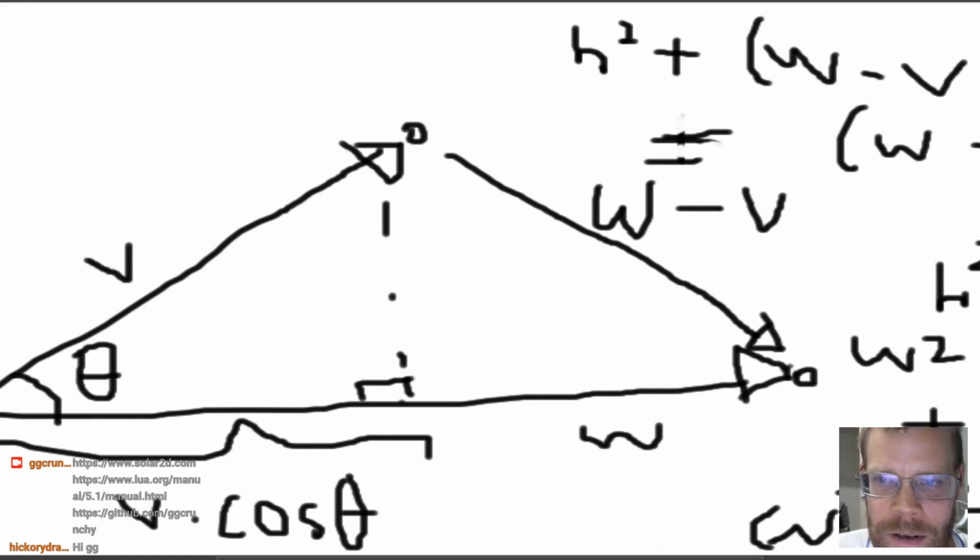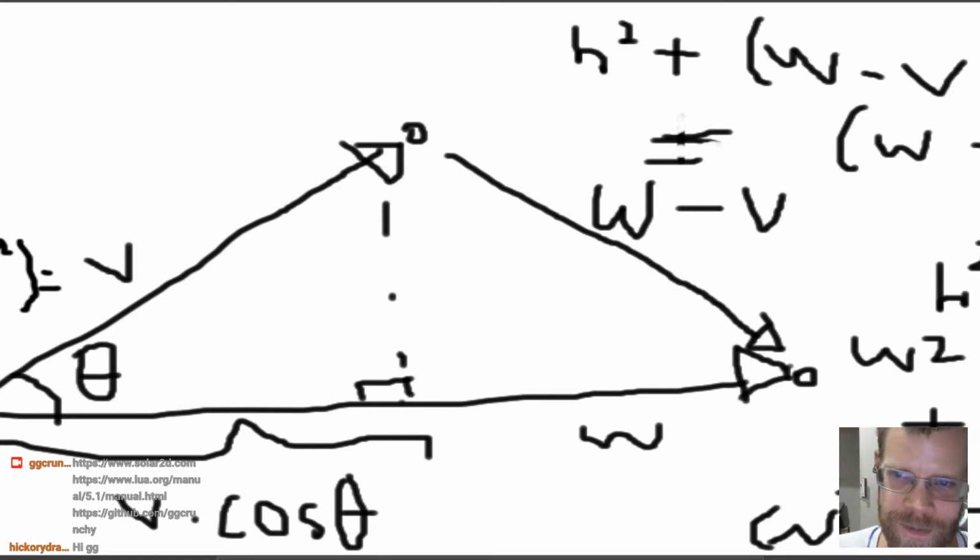So V squared (1 minus cosine squared) equals H squared. And we'll just remove this.